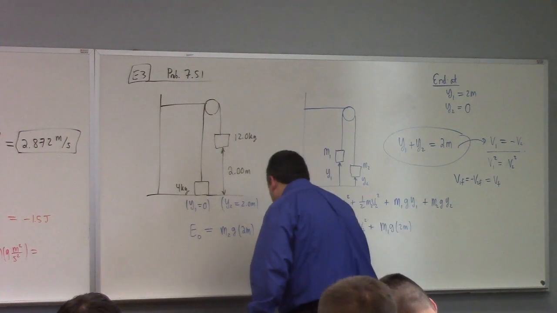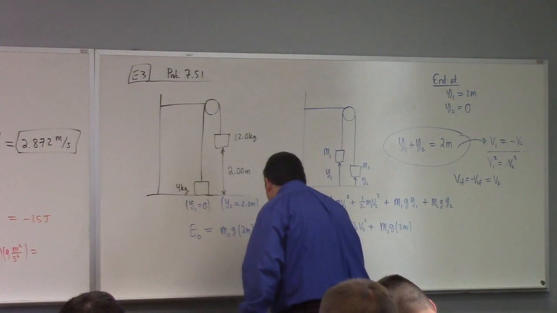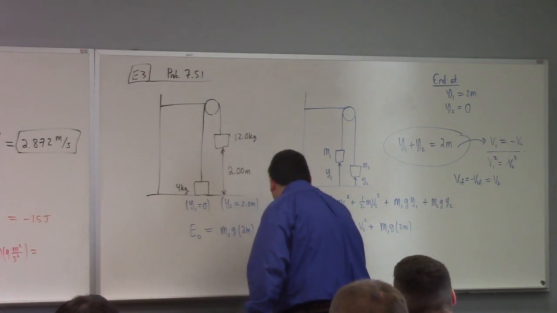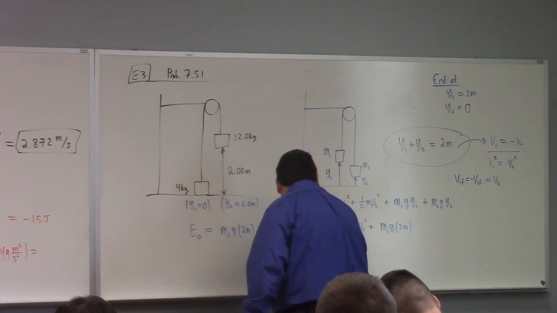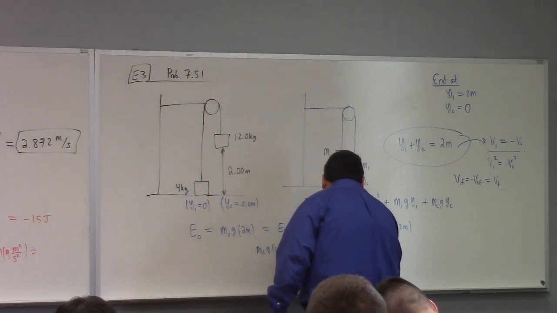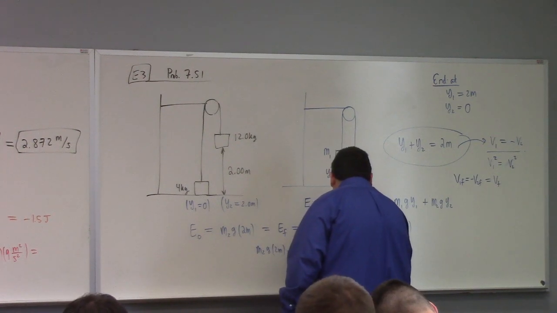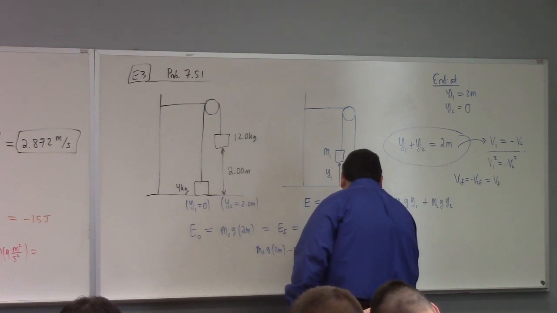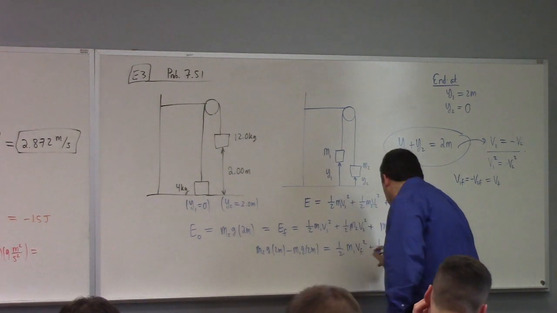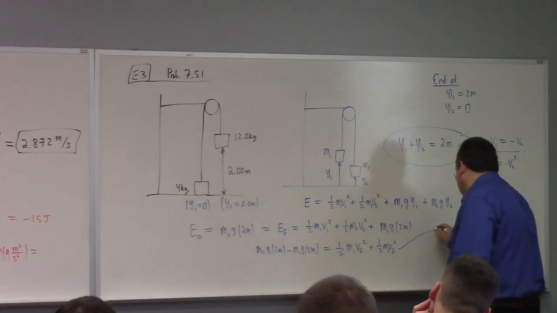Let's solve this. We've got m2 g times 2 meters minus m1 g times 2 meters is equal to 1/2 m1 vf squared plus 1/2 m2 vf squared. Let's clean this up a bit.